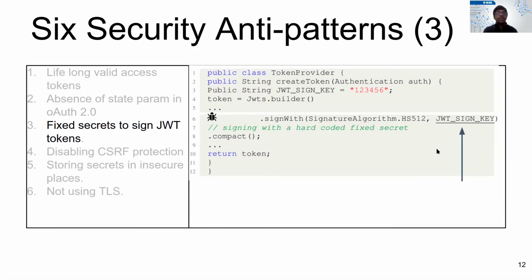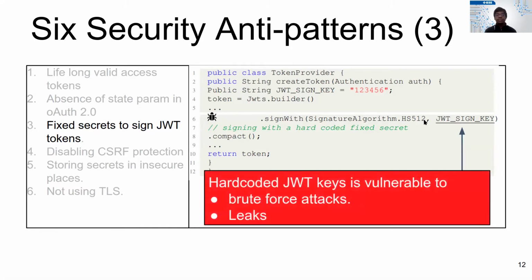We have also seen that the developers tend to sign the JSON web tokens using hard-coded simple secret keys. As we can see here, the developer has signed the JWT using a simple hard-coded secret key. A JWT is one type of access token, and again, using a hard-coded secret key to sign a JWT is problematic because hard-coded JWT keys are vulnerable to brute force attack.